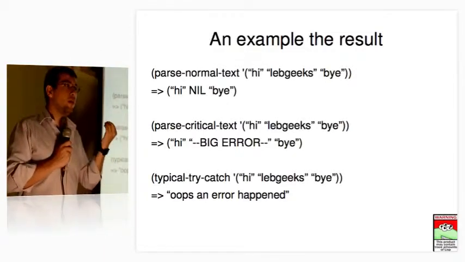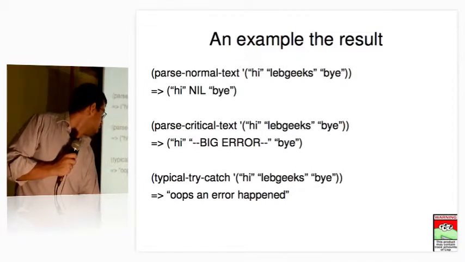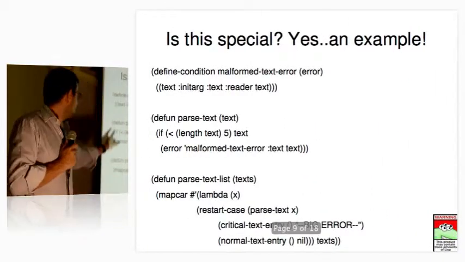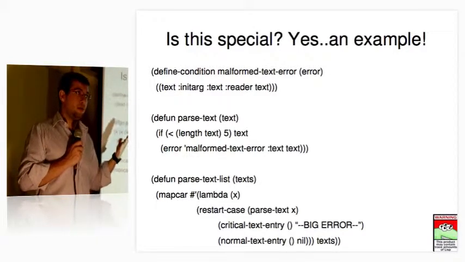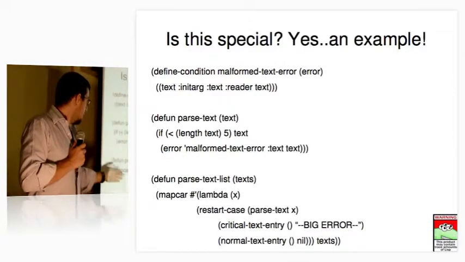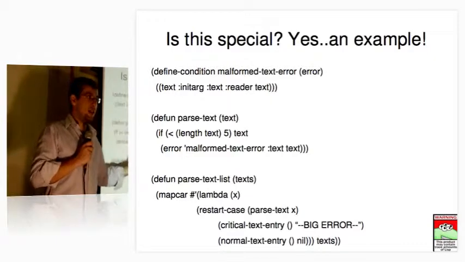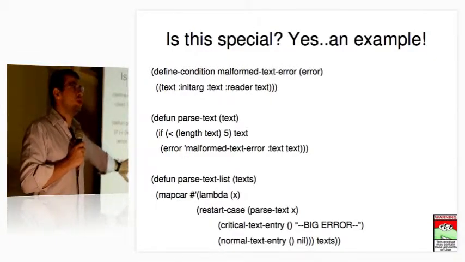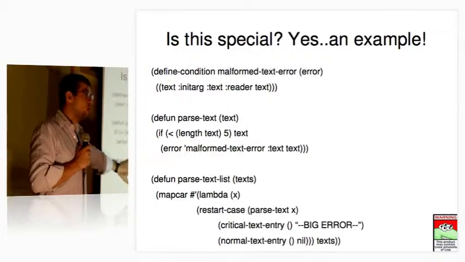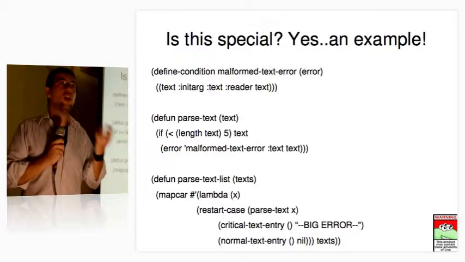Notice what happened. The function itself, parse text list, knows nothing about how to handle that error. It has no decision about the strategy that I'm going to follow in this particular text.